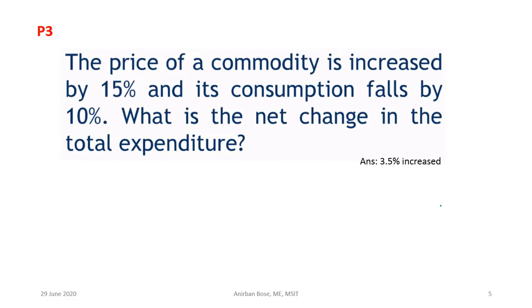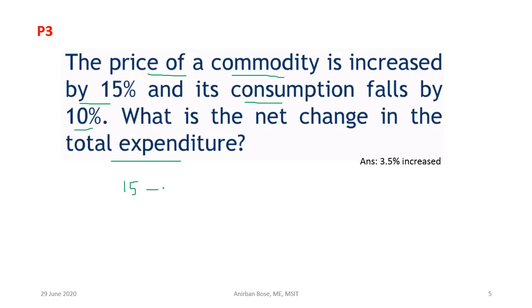Now, see, the price of a commodity is increased by 15% and its consumption falls by 10%. Since the net expenditure is basically the price of the commodity multiplied by its consumption, for this kind of problem we can use the same formula. The commodity price increased by 15%, so 15, which is positive.